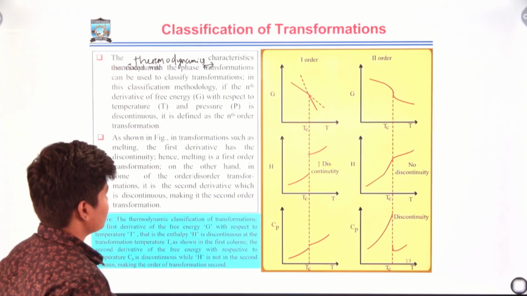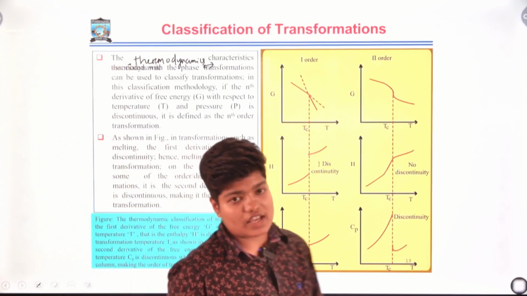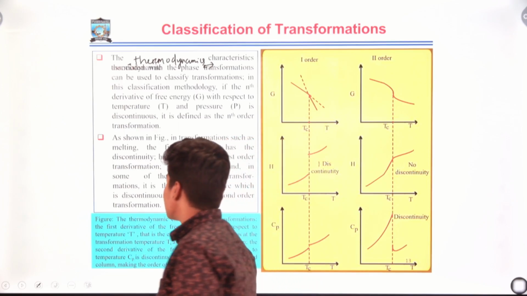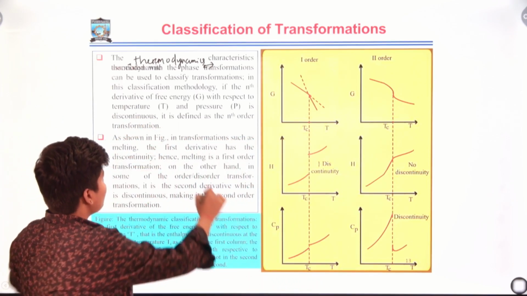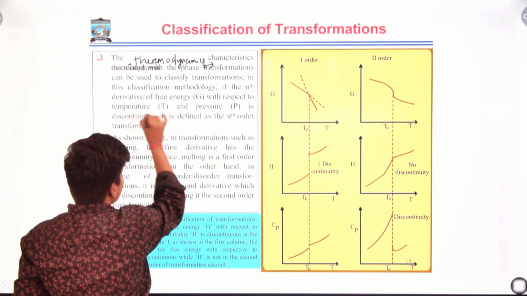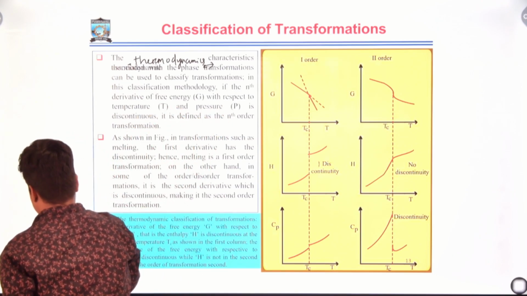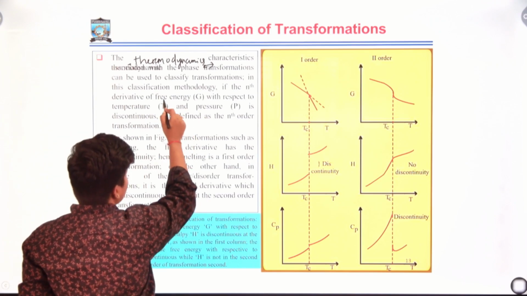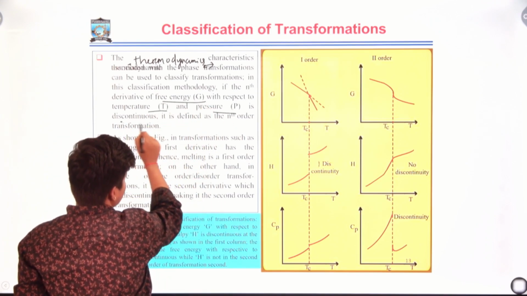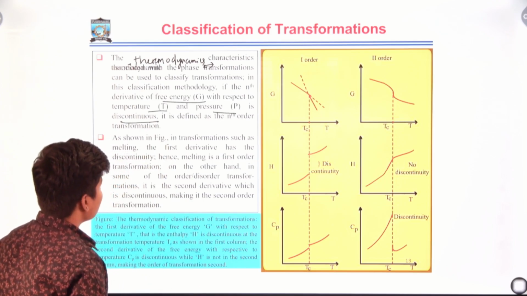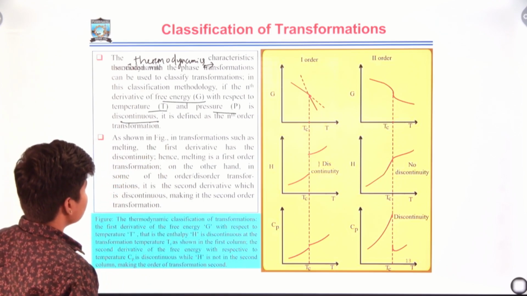Here it is written that if the derivative of free energy with respect to temperature and pressure is discontinuous, it is defined as the nth order transformation.